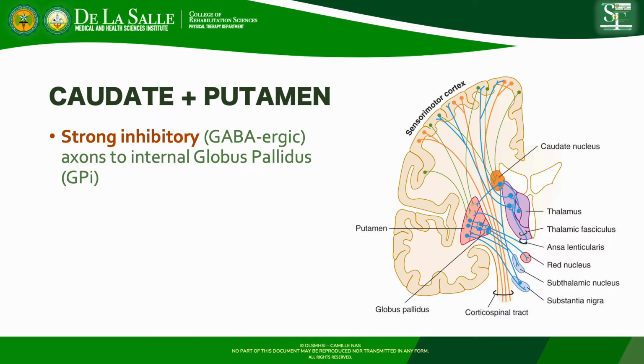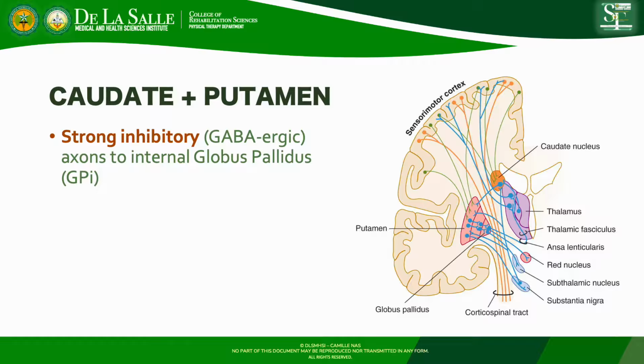So the caudate and the putamen are very strong inhibitory nuclei that inhibit the globus pallidus internal. They use the neurotransmitter GABA to do that function. I have mentioned earlier the different neurotransmitters, and I've said that dopamine is also an inhibitory neurotransmitter. That is correct, but it is used not by the caudate and the putamen, but rather as a neurotransmitter of the substantia nigra.